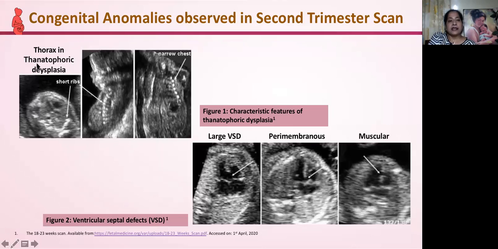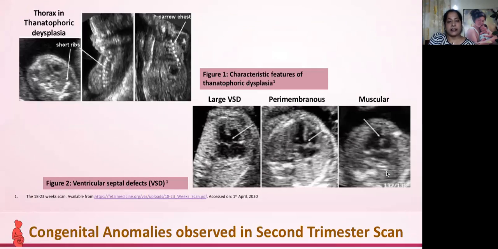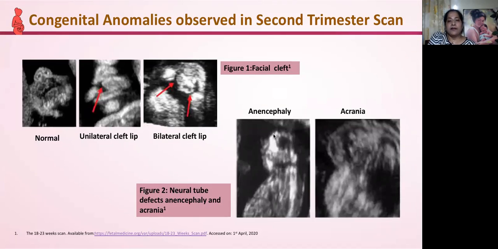Then the thorax in thanatophoric dysplasia, a narrow chest, large VSD, perimembranous and muscular ventricular septal defects. Then facial cleft, which is unilateral cleft lip, bilateral cleft lip, anencephaly, acrania.